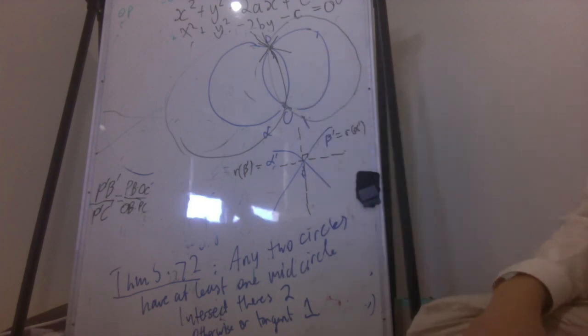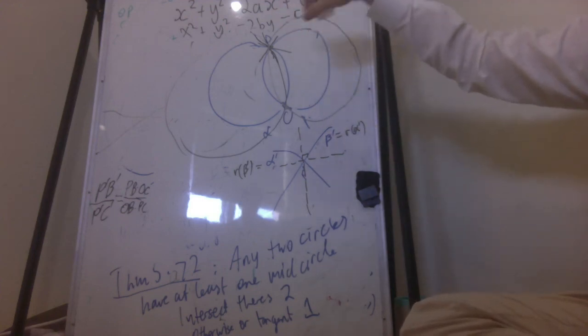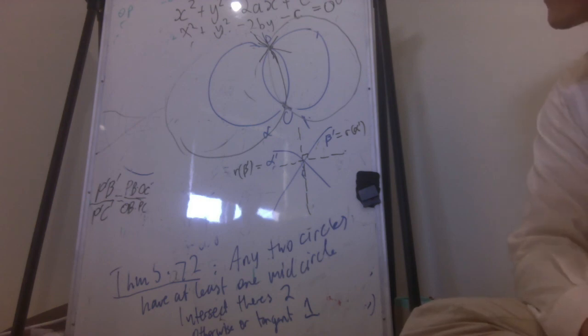Okay, and the question is, how many angles can you have between these circles? The pencil is all the circles passing through those two points. There's only one line. I don't know if that's really what the four circles go to: lines, the vertical lines, and there's only one line.